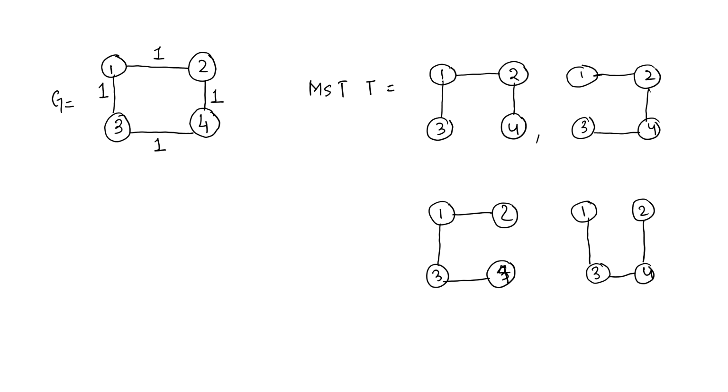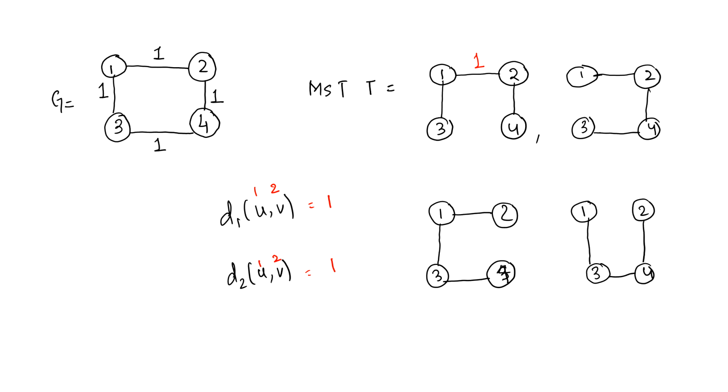Let us consider any pair of nodes, say D1 of UV and D2 of UV. So consider this MST. Here the distance between the pair of vertices 1 and 2 is 1 in G, and in the MST also it is 1.